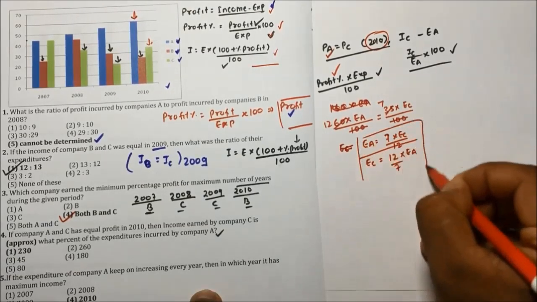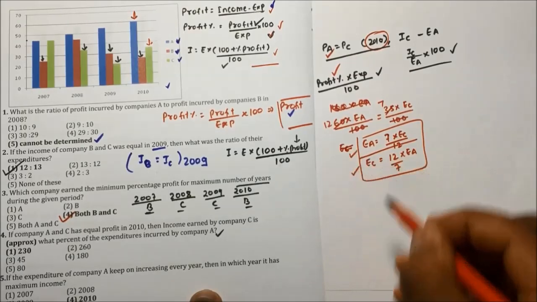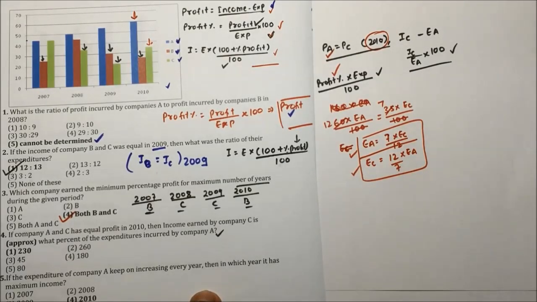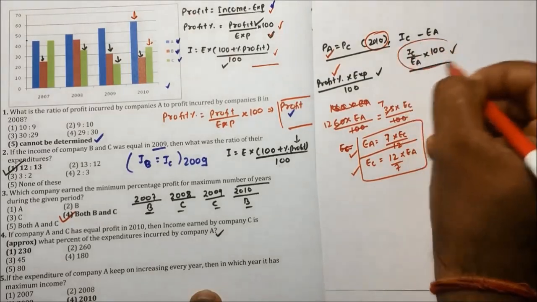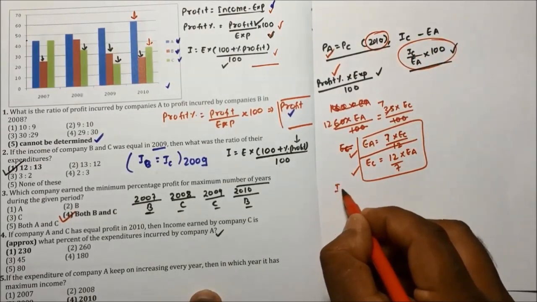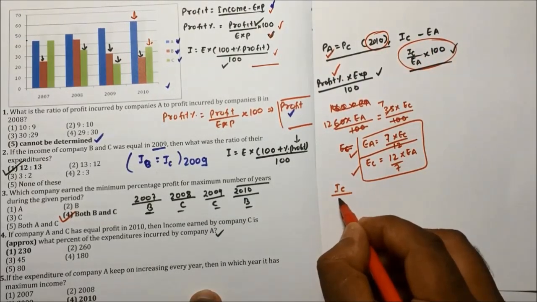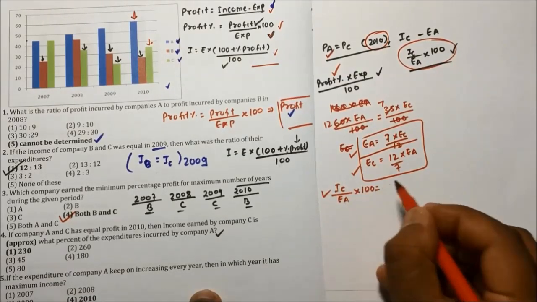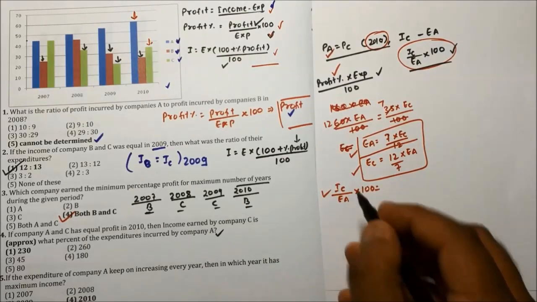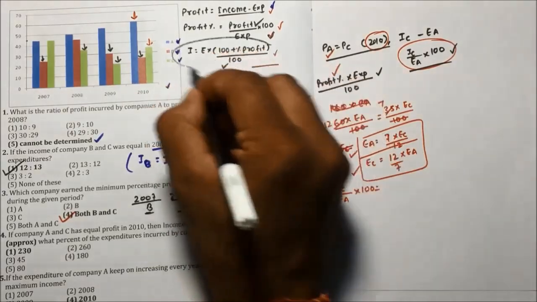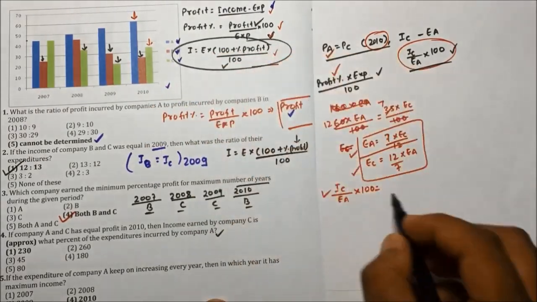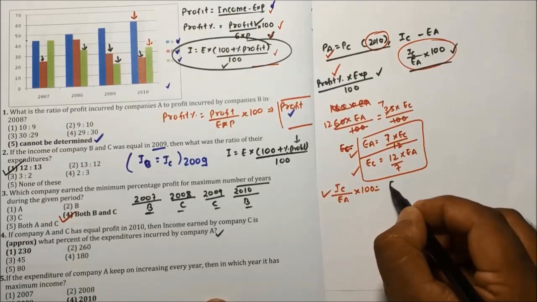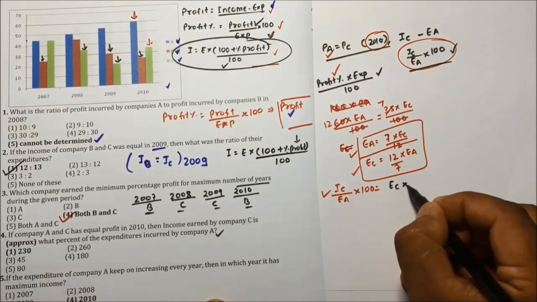So basically we have got expenditure of C and expenditure of A. Now what do we have to calculate? We have to calculate income earned by company C to the expenditure incurred by company A into 100, right? Now income earned by company C can also be written with this formula. So income of C will be expenditure of C into 100 plus percentage of profit.